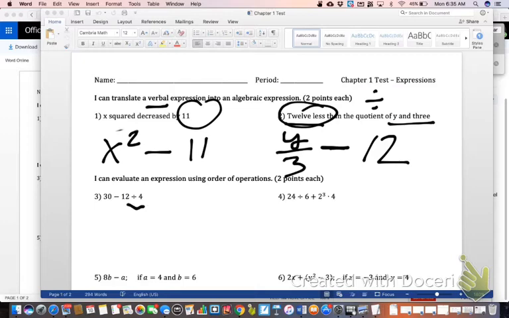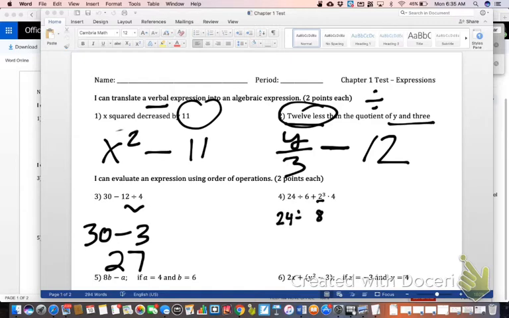Number 3, I've got division that I need to do before I do that subtraction. So 12 divided by 4 is 3. 30, take away 3, is 27. Number 4, I have an exponent that I need to deal with first. So 2 to the third power means 2 times 2 times 2, which is 8.